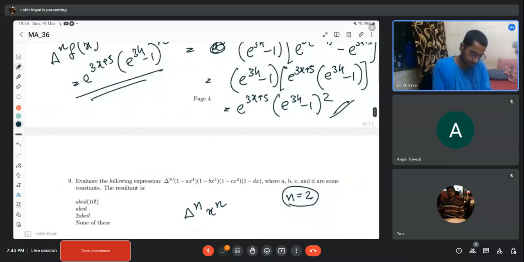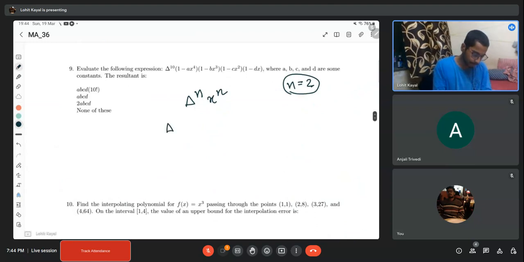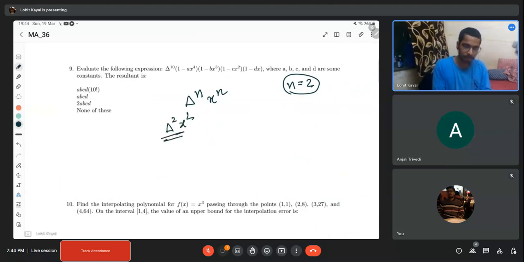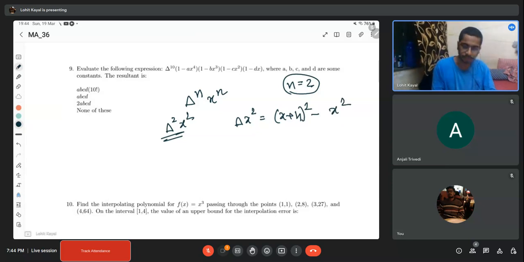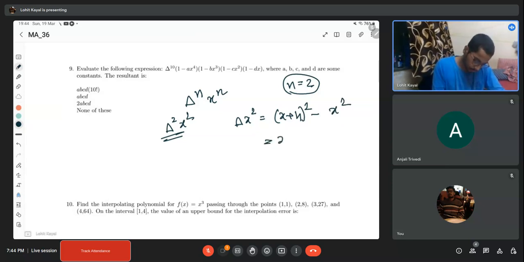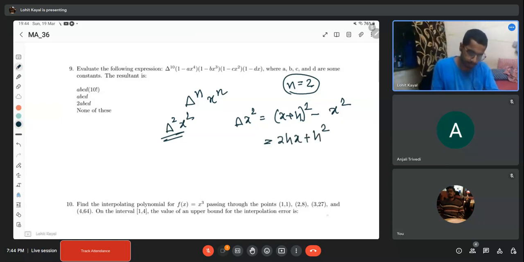So I need to find delta square of x square. First I need to do delta of x square. Delta of x square is equal to x plus h whole square minus x square. So the answer is 2hx plus h square, right?